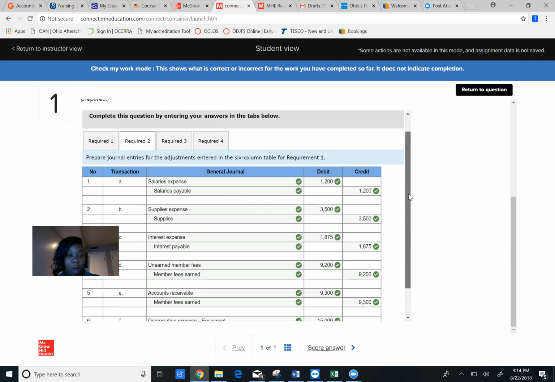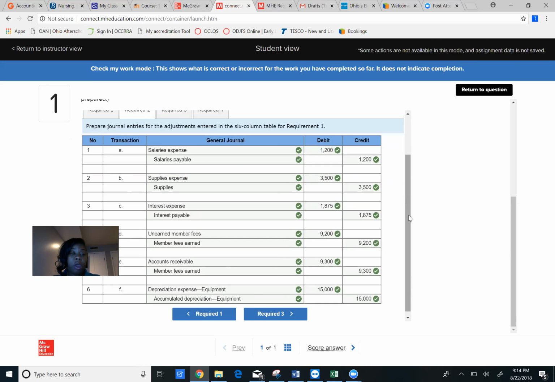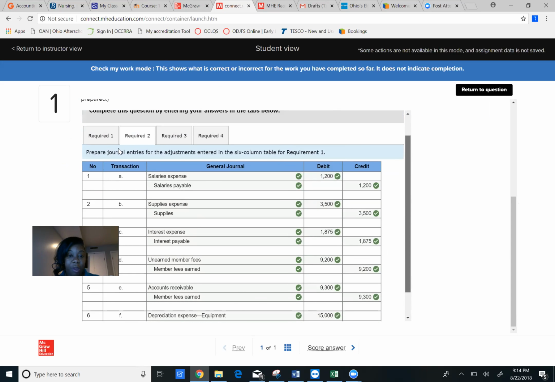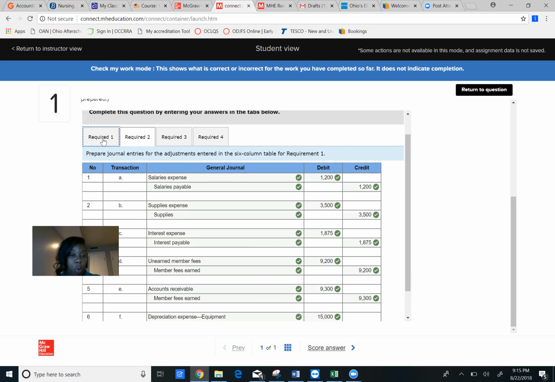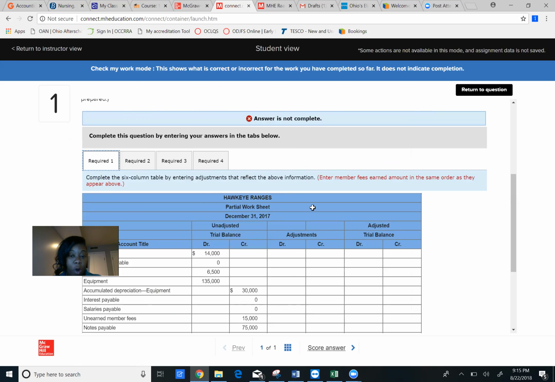So now, after you do your journal entry, you start to make the adjustment. Later on, there'll be another section that allows you to add your closing entry. For now, in chapter 4, you add your adjustments to the column next to unadjusted trial balance.